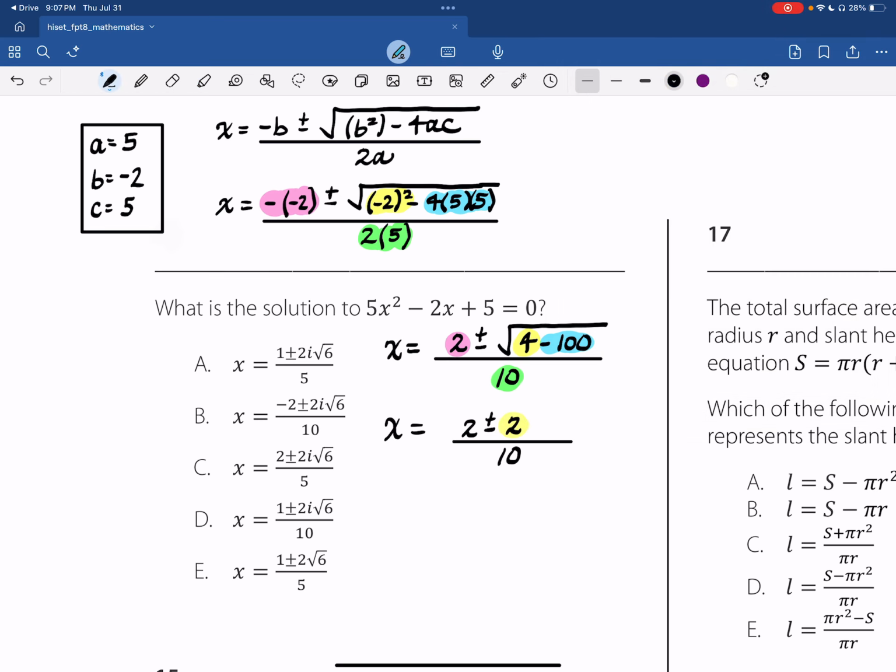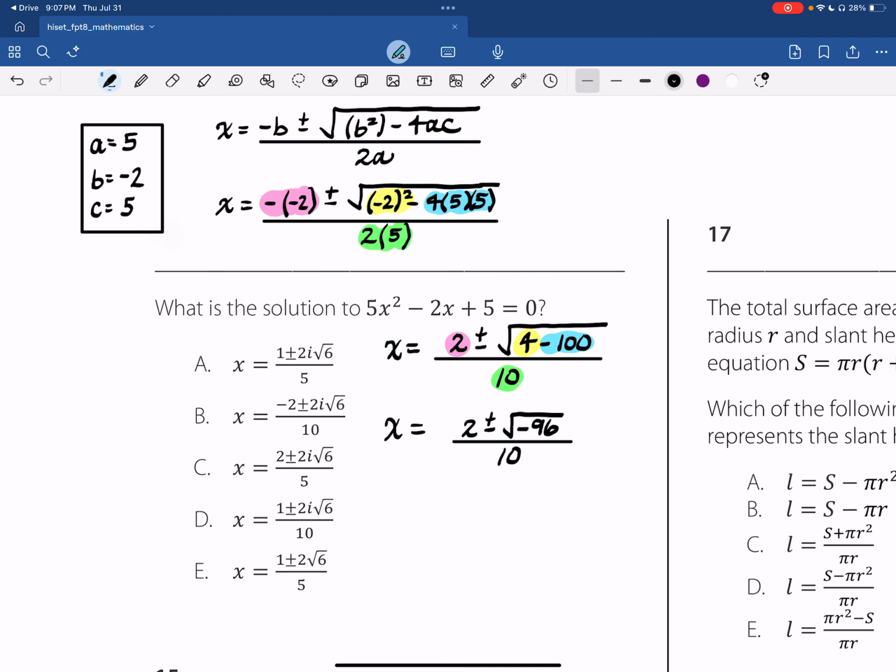Actually, I don't want to do that. Excuse me. I just had a lapse there. 4 minus 100 is -96. I'm sorry, I was getting ahead of myself. We have to do the subtraction before we can square root.